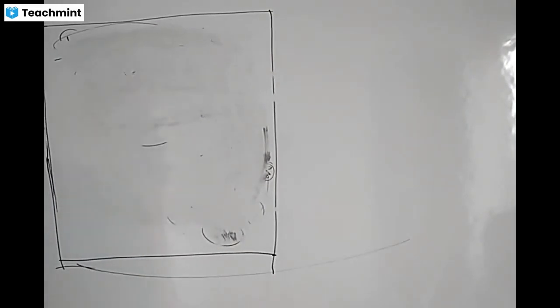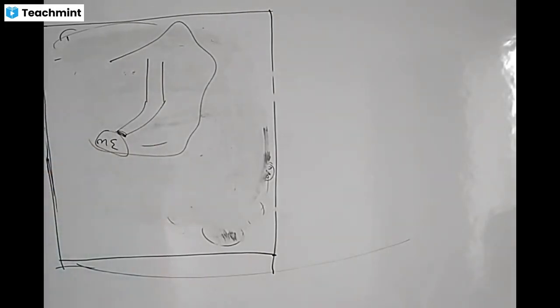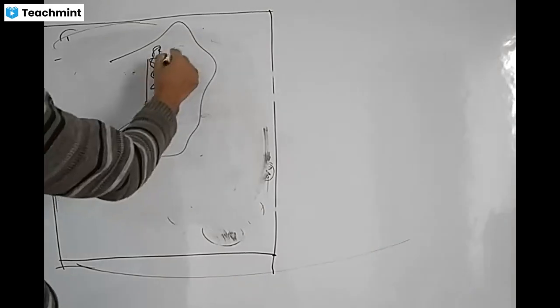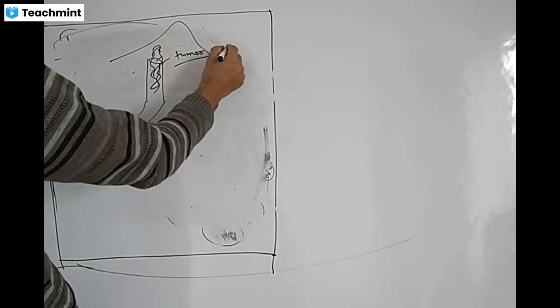The ear has a vertical canal and this is the horizontal canal and then the middle ear. Suppose there is a cancerous mass.